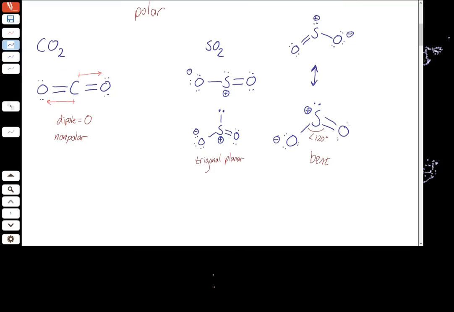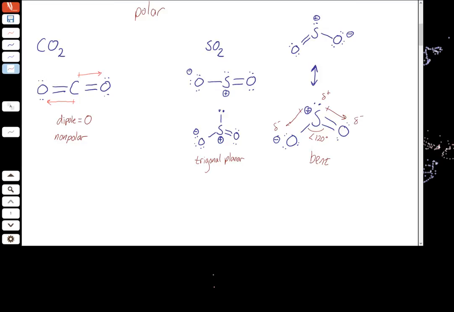So that means that when we draw our polarity vectors, we should actually draw them the same. So we have equivalent vectors going here. Whoops, except I drew them backwards. Still thinking about water. Going like that and like that. We've got a partial negative on the oxygens and a partial positive on the sulfur.